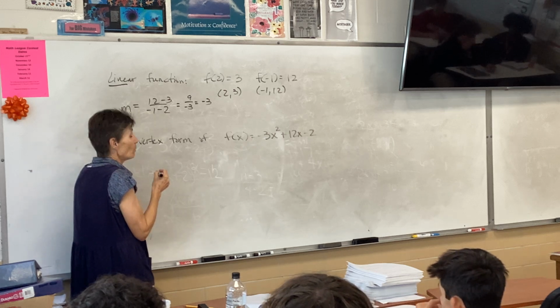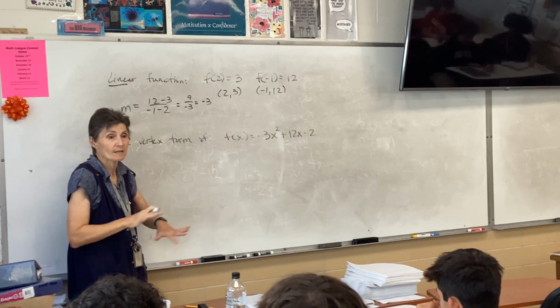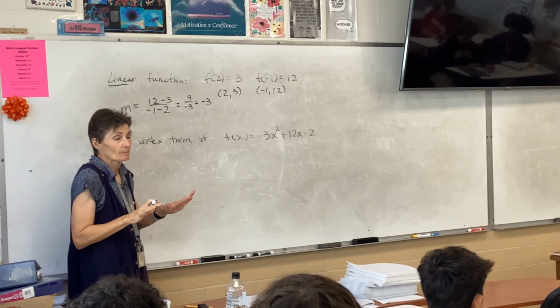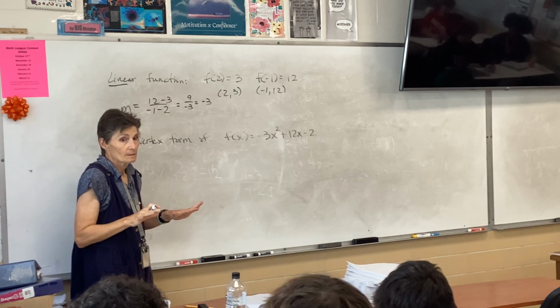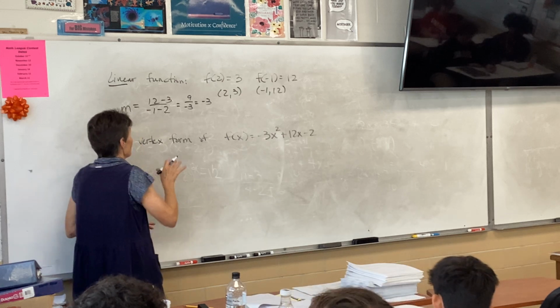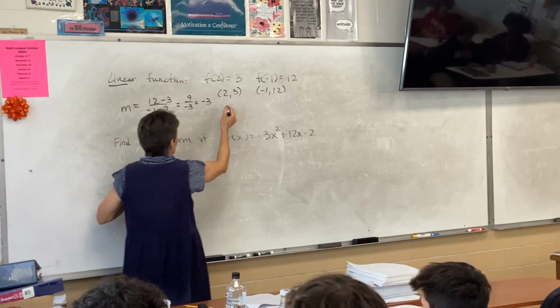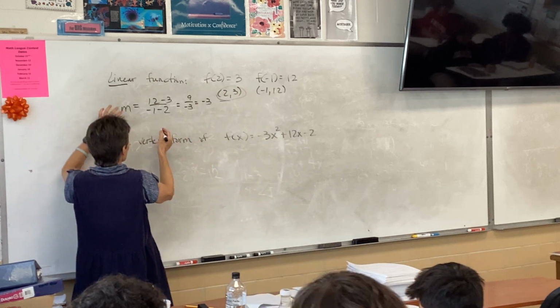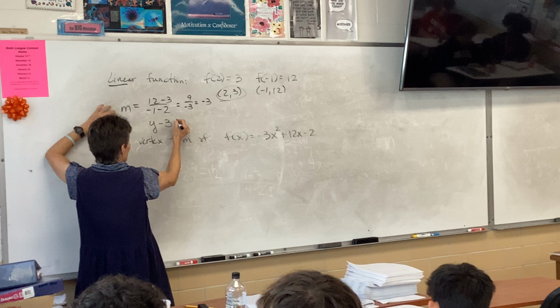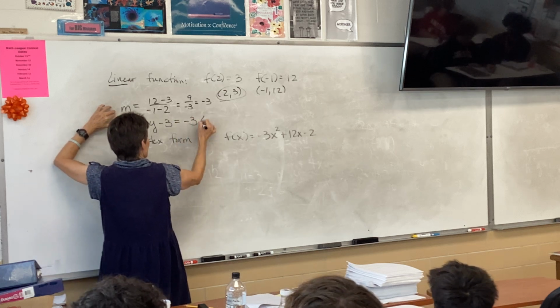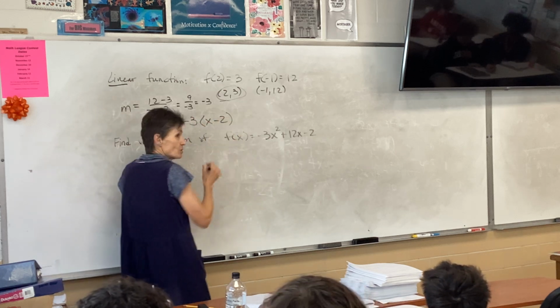Then I pick my point. These are extra ones I'm just doing to make sure we're all on the same page. So I'll pick a point. I'll just use that one. It doesn't matter. So y minus 3 equals -3 times (x minus 2).